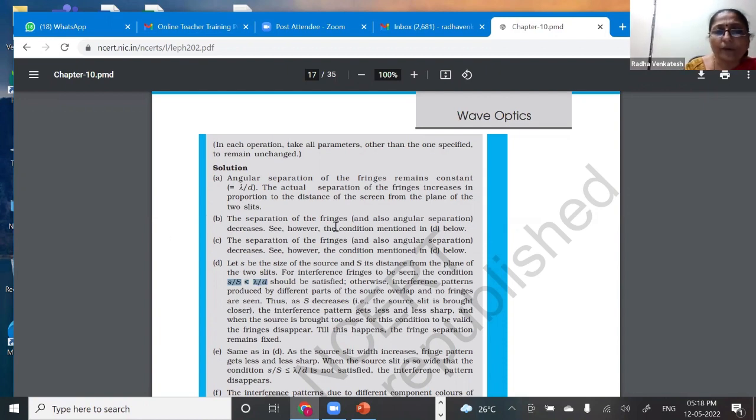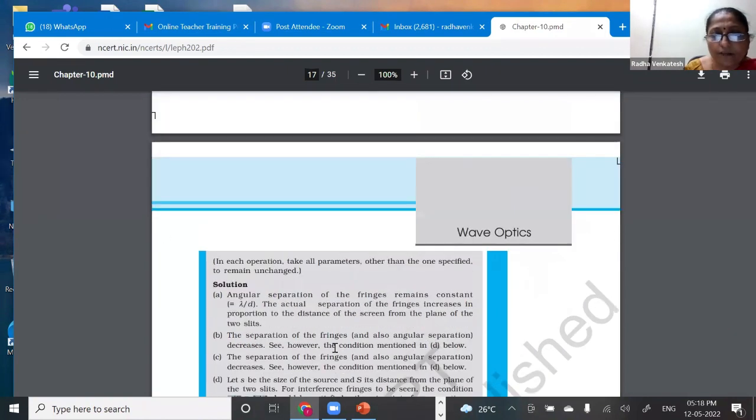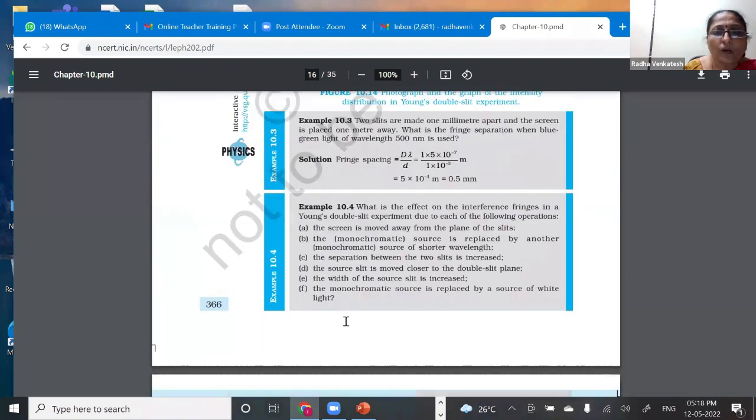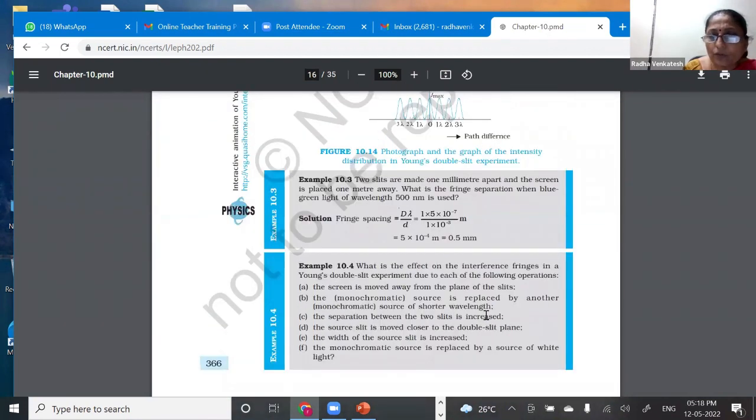What you have to explain actually is the condition mentioned in D below. Why? Because in the examination, what you will have to write is that the separation between the 2 slits is increased, that is, this d is increased, so the fringe width will decrease.